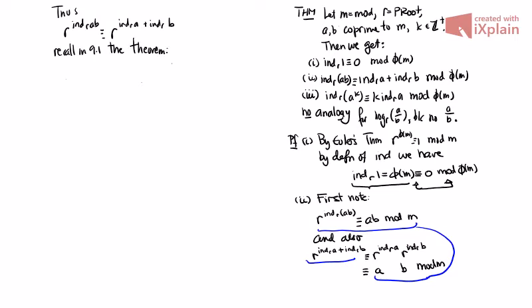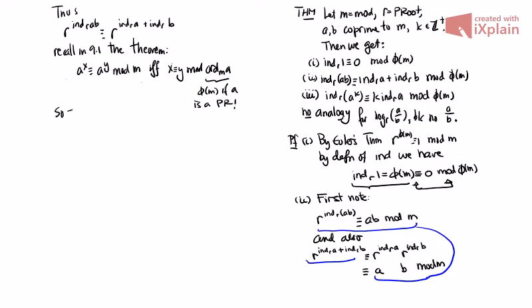This theorem said a to the x is congruent to a to the y mod m if and only if x is congruent to y mod the order base m of a. Here the order is phi of m, if a is a primitive root.